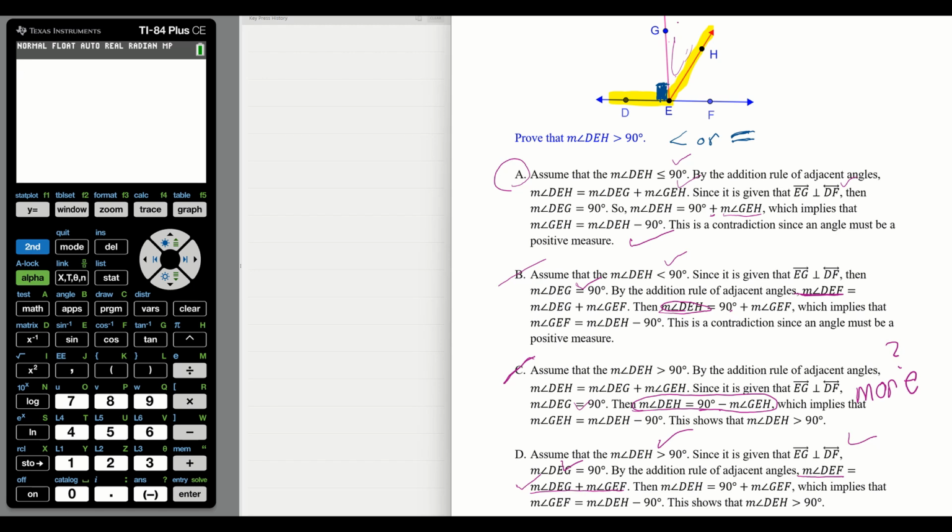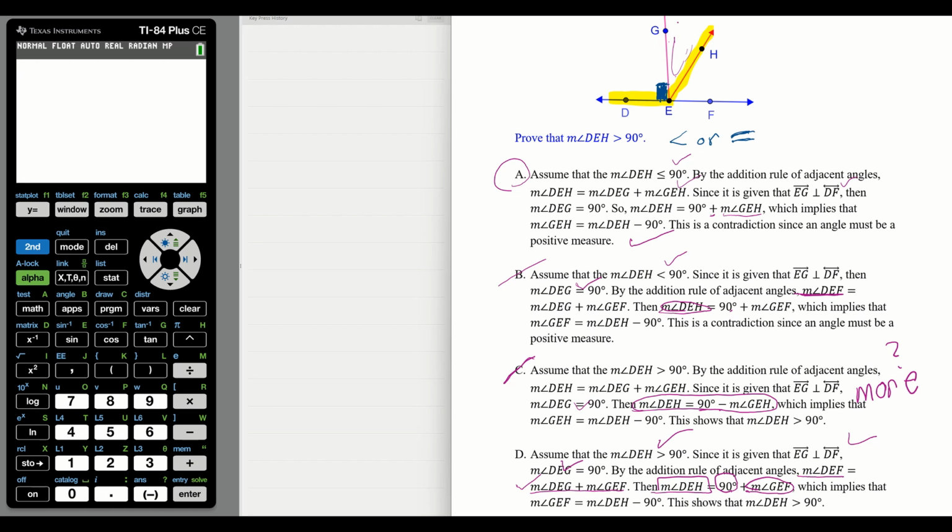Okay. So what it's saying is that, that doesn't make sense because the line is 180. And then we're going to say that because DEG is 90, this is DEG plus GEF. Well, if that's true, GEF has to be 90. So then what that's saying is that DEH equals 180 degrees.